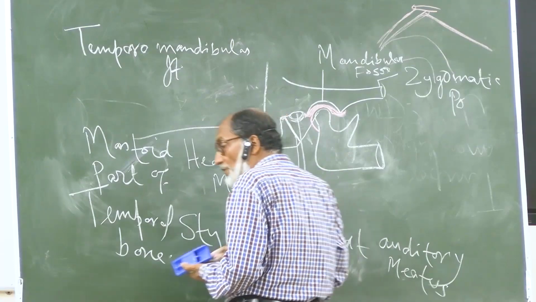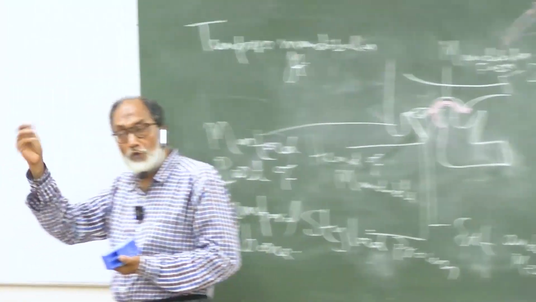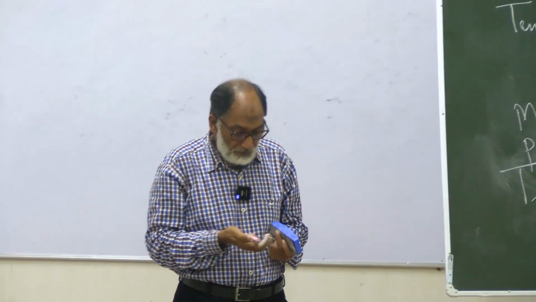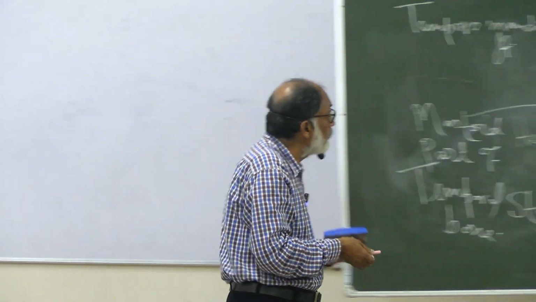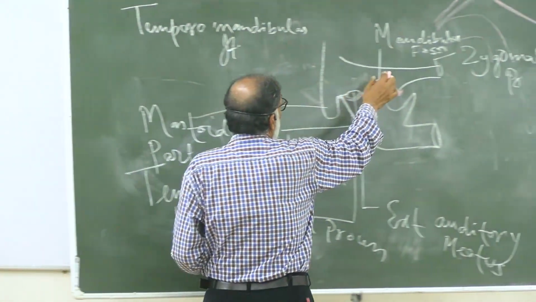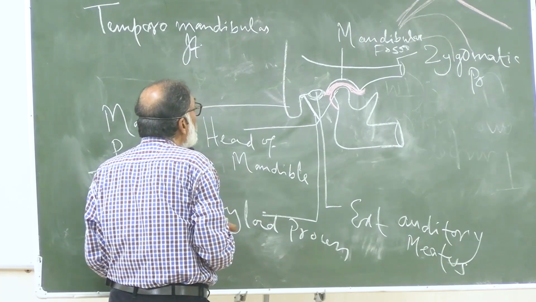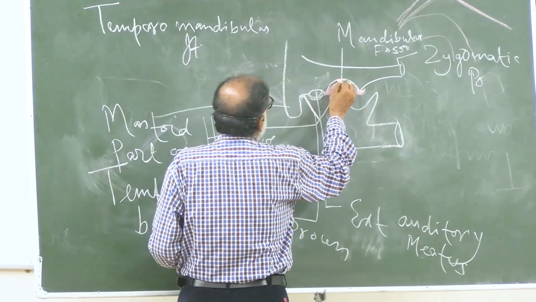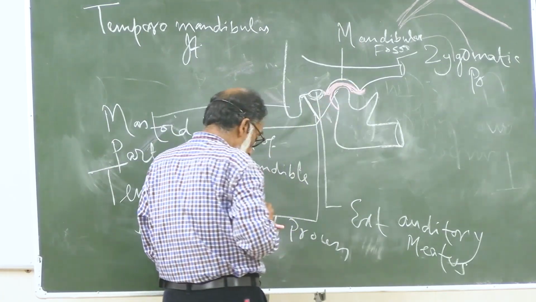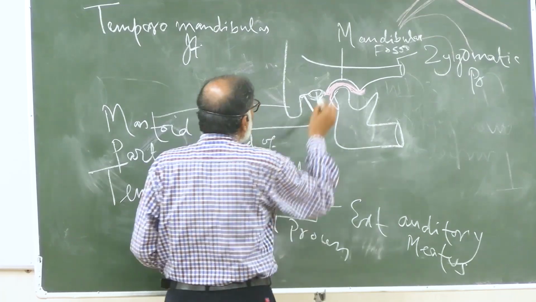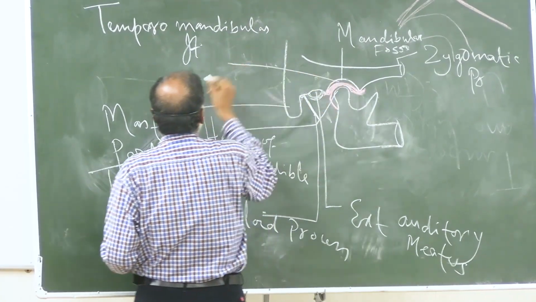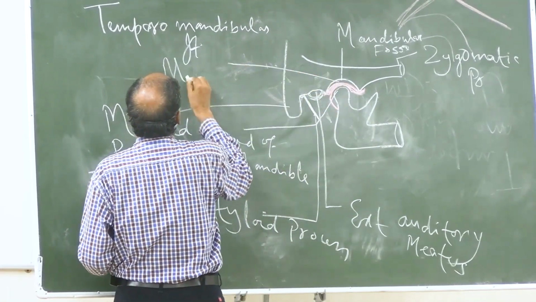This upper compartment is known as meniscotemporal compartment, as it is towards the temporal bone. This is the temporal bone, the meniscotemporal compartment.